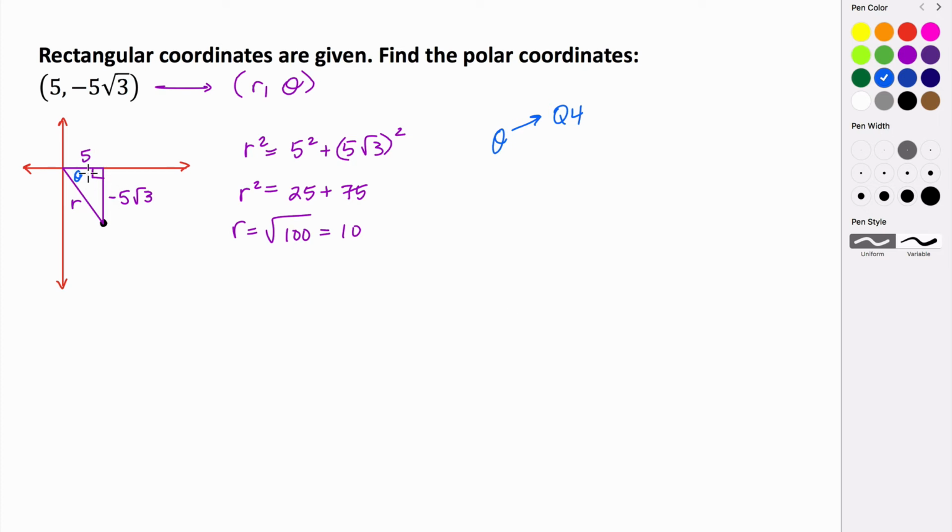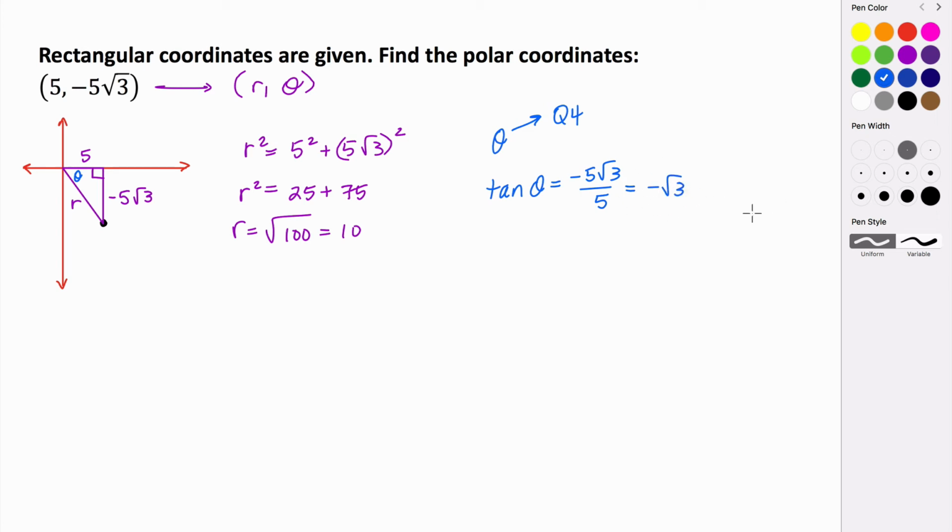But we can use the tangent. So we know that the tangent of our angle theta is equal to -5√3 divided by 5, which reduces to just be -√3.